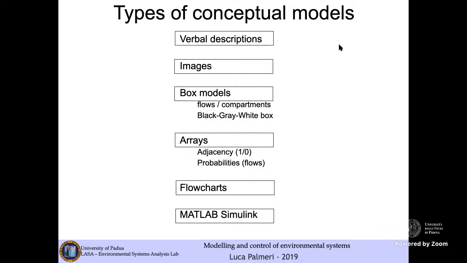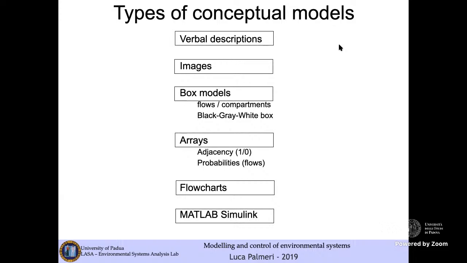How do we translate box models into a matrix model? We build what is called an adjacency matrix. An adjacency matrix is a matrix that is made of zeros and ones, where you will have a one if there is an interaction between the state variables, or you will have a zero if no interaction exists at all.